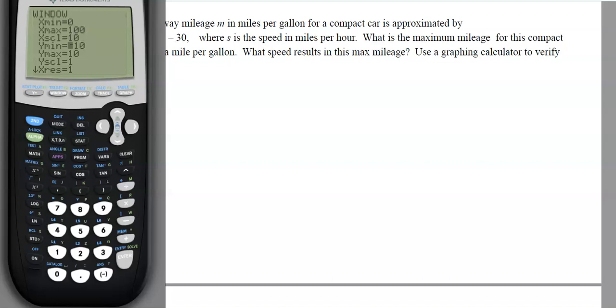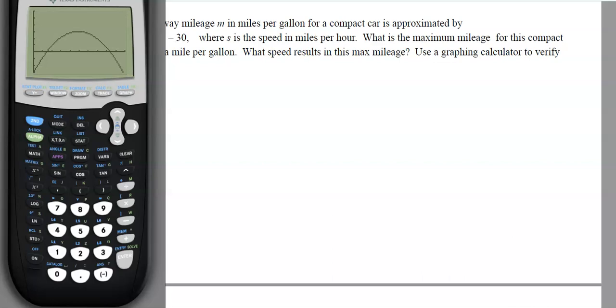And then my y minimum, let's just go negative 30, because we did know that was the intercept. And my max, I'll just go up to 60 by tens. And let's graph it. And there we go. We see our nice little curve.